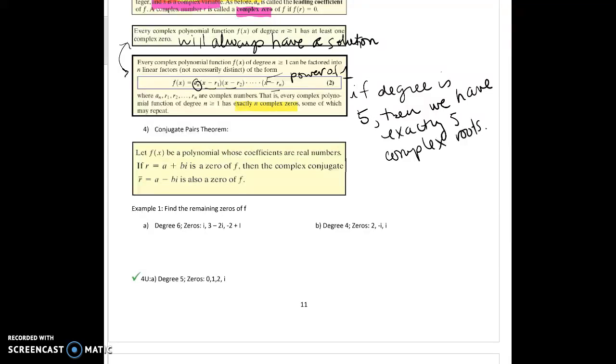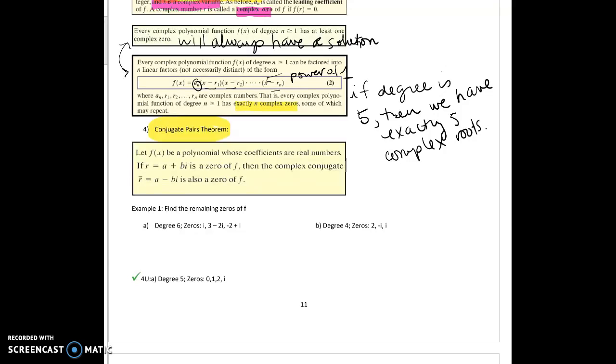Conjugate pairs theorem, another very important theorem, okay? Let f of x be a polynomial whose coefficients are real numbers. If r equals a plus bi is a zero of f, then the complex conjugate, r with the bar on the top, it's just denoting that these two are conjugates of each other.